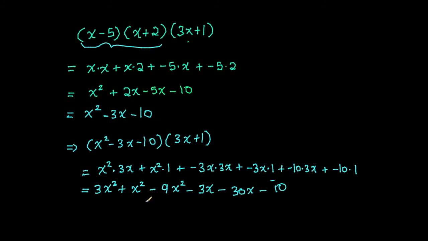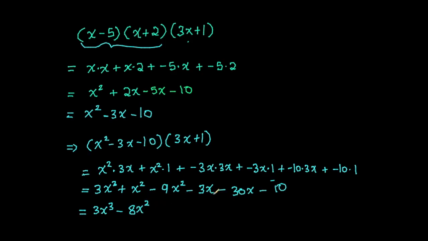Okay, so let's simplify this a little bit. We have 3x cubed. Now we have x squared and minus 9x squared, and this is just minus 8x squared.